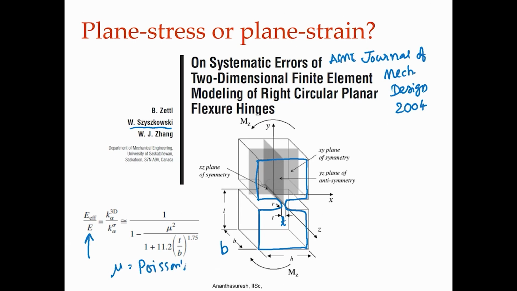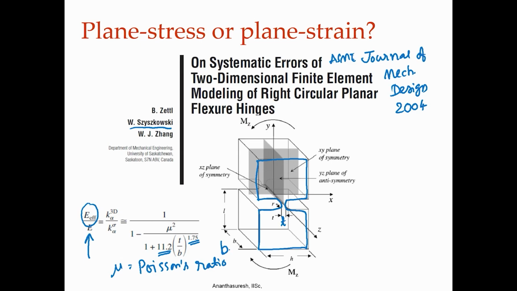So, this is Poisson's ratio, okay, and this T by B is raised to 1.75, 11.2, all these are empirical, but they have done really hard work to arrive at this formula. So, that if you were to do something that involves circular hinges, you want to do plane stress analysis, that is 2D analysis for a compliant mechanism, you would reduce errors if you were to use an effective Young's modulus based on your T by B value and the Poisson's ratio.